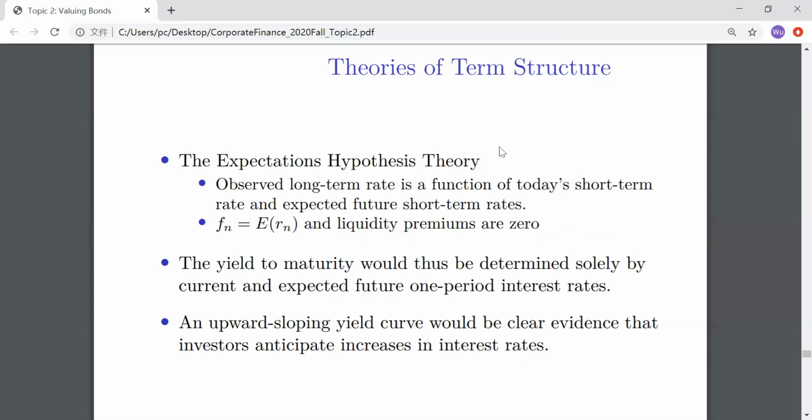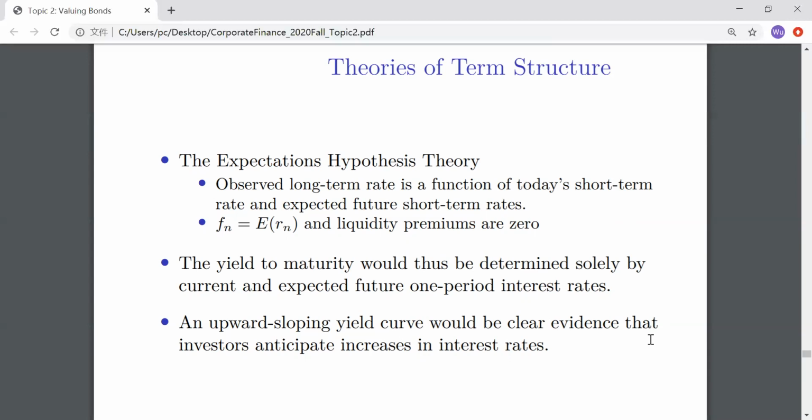In that case, the yield to maturity will be determined only by current and expected future one-period interest rates, right? If there's no risk premium, then an upward sloping yield curve will be clear evidence that investors anticipate increases in future interest rates, right?